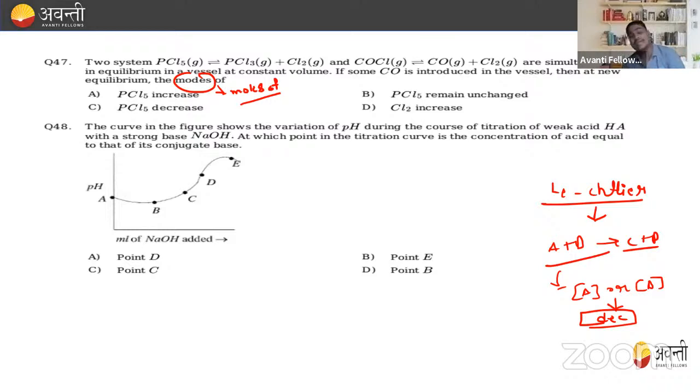When the concentration of reactant increases, the equilibrium shifts in a direction where it wants to decrease the concentration of the reactant. That means the reaction goes in the forward direction.